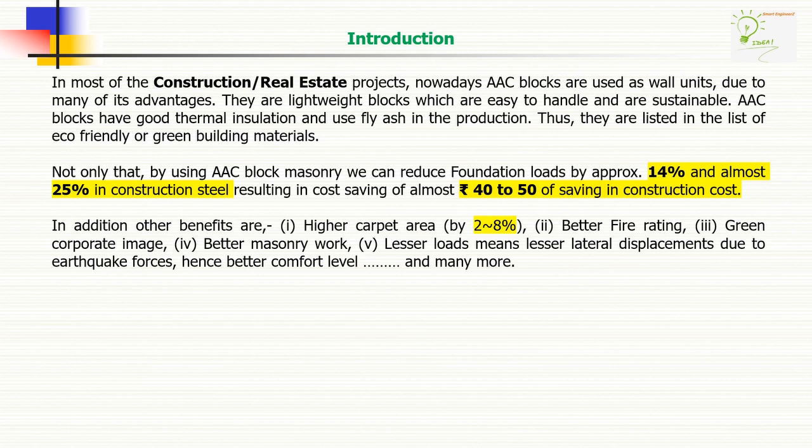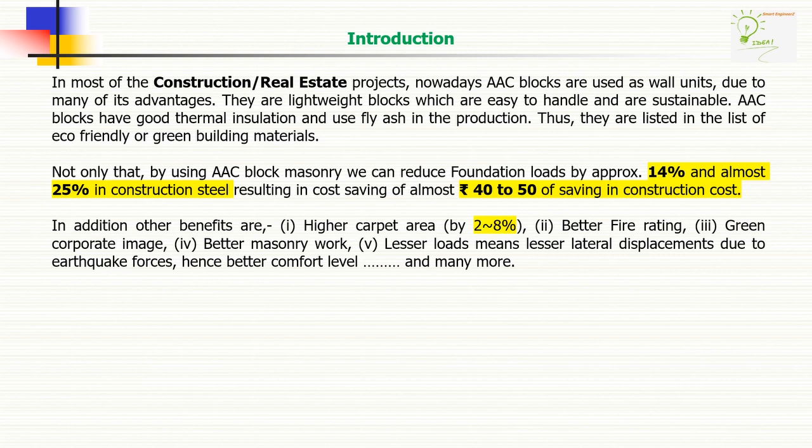Not only that, by using AAC block masonry, we can reduce foundation loads by approximately 14% and almost 25% in construction steel, resulting in cost savings of almost 40 to 50 rupees per square feet in our project.